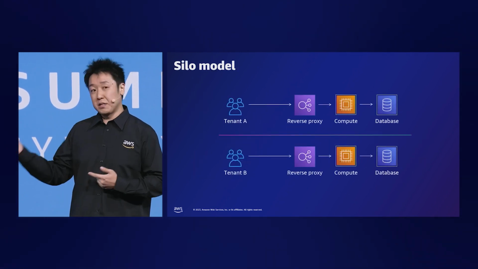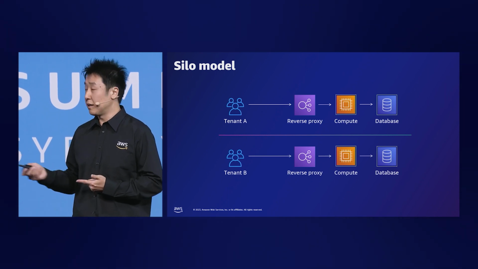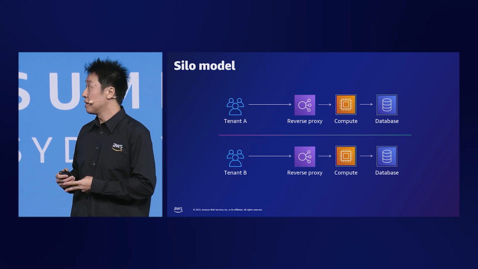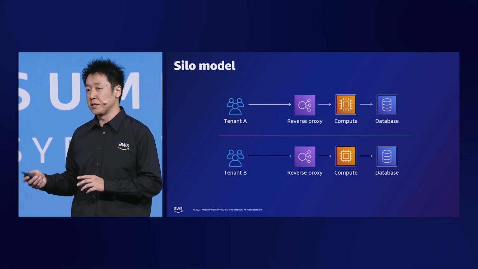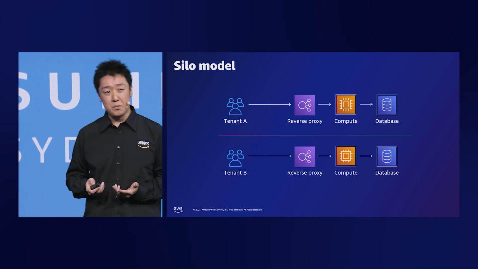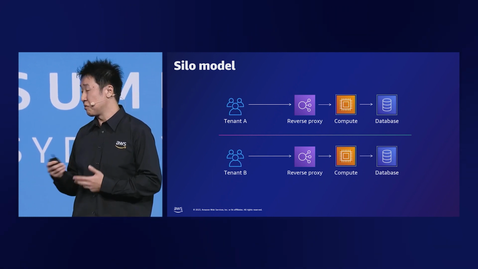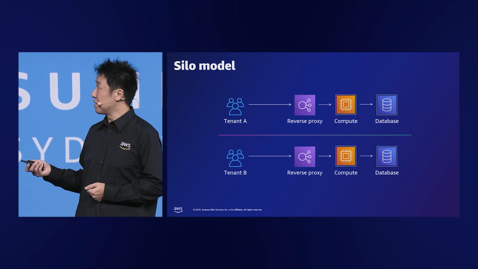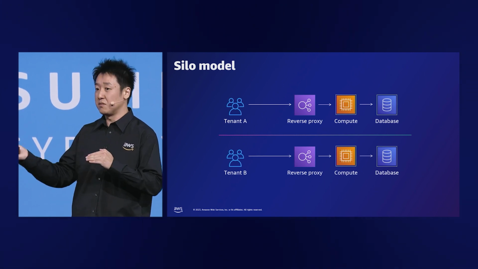And then on the other end of the spectrum, we have the silo model. So in this example, we have two tenants who are accessing completely separate sets of infrastructure. And the advantages of running a silo model like this one, as you would imagine, are inverted to those of the pool model. So in this case, we already have tenant isolation because again, each tenant has their own set of infrastructure.